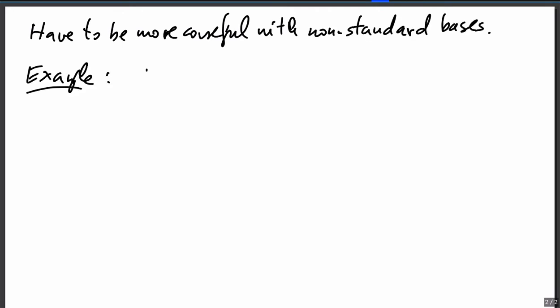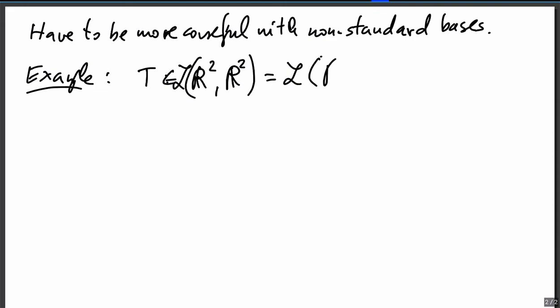For example, if T is a linear transformation from R2 to R2, actually this is usually written as a linear operator with just one space, since the co-domain is the same as the domain.